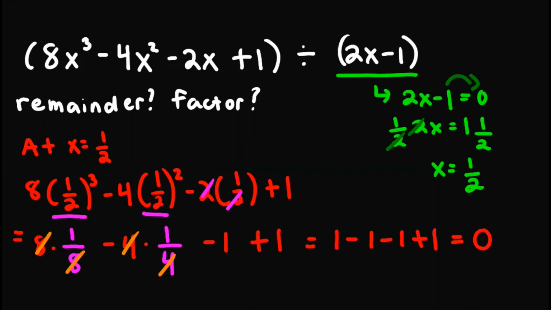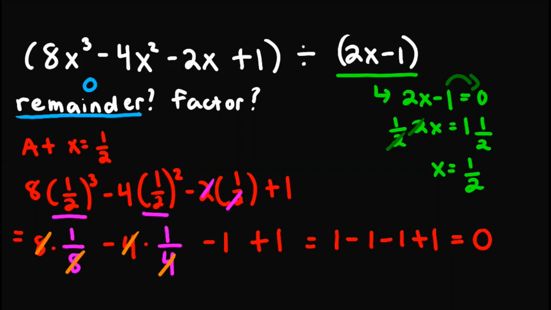So we know that the remainder, when we divide 8x cubed minus 4x squared minus 2x plus 1 by 2x minus 1, is 0. So we have finally answered the first question. Next, we determine if 2x minus 1 is a factor of the given polynomial.